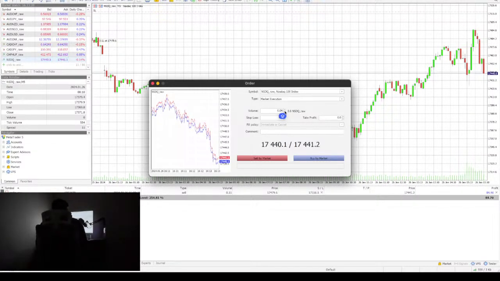So 1 to 1 is achieved now because our risk was $84.